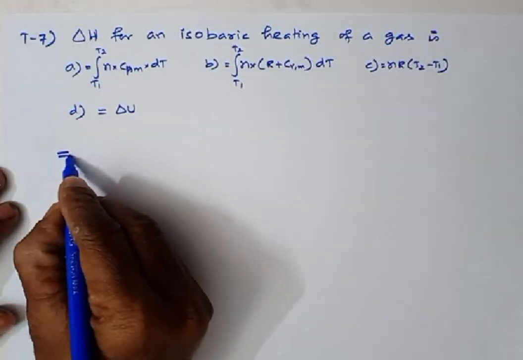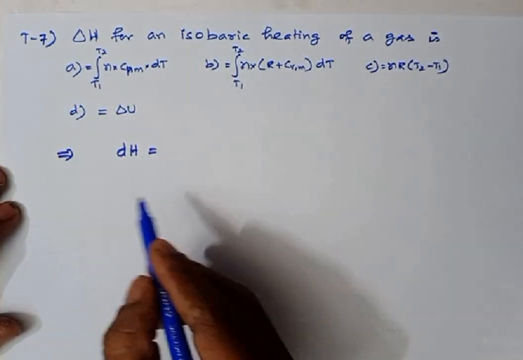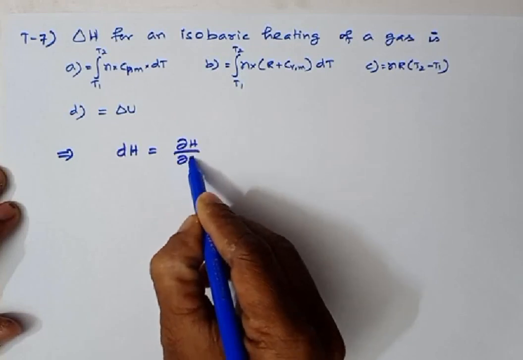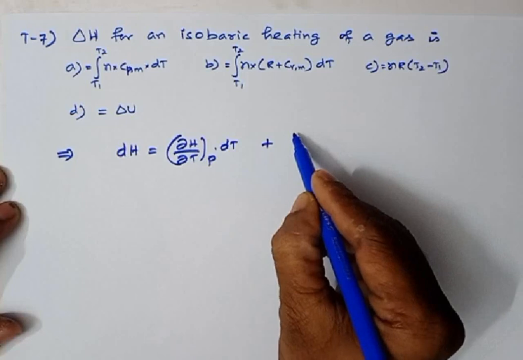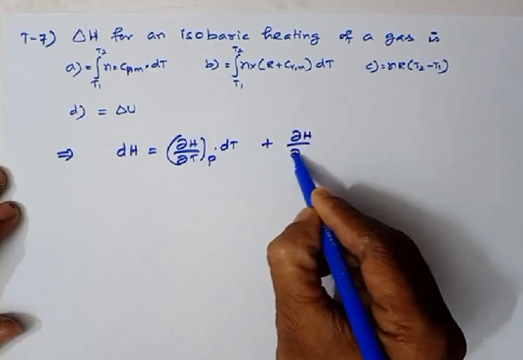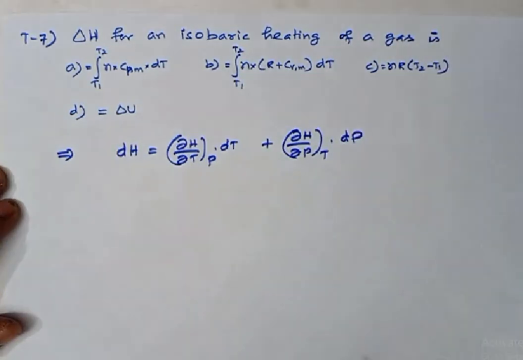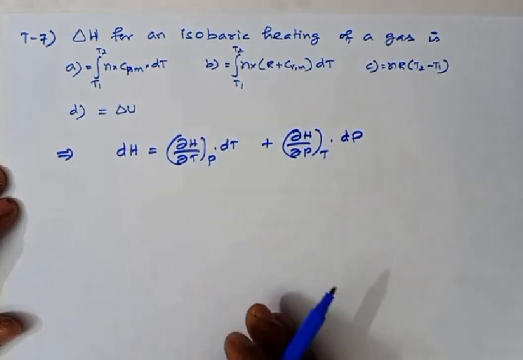Listen, you know very well, change in enthalpy dH is equal to this formula: (∂H/∂T) at constant pressure into dT plus (∂H/∂P) at constant temperature into dP. This you know very well. It's a standard equation for enthalpy.